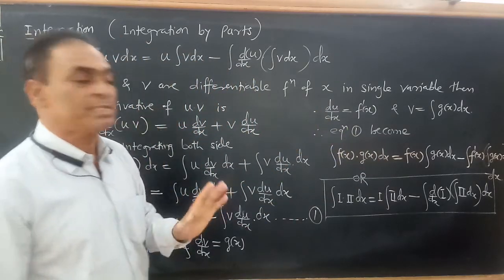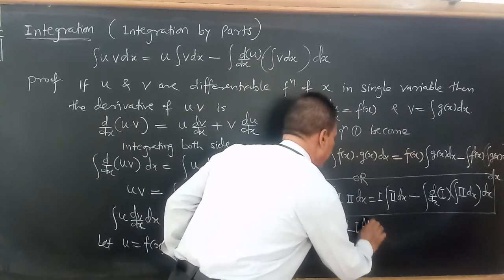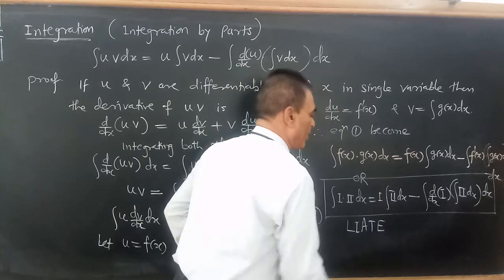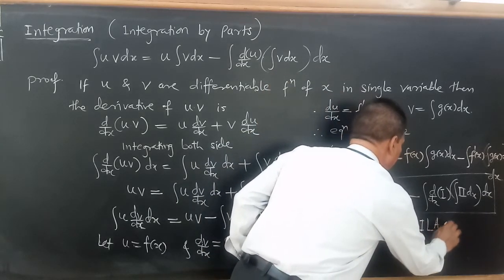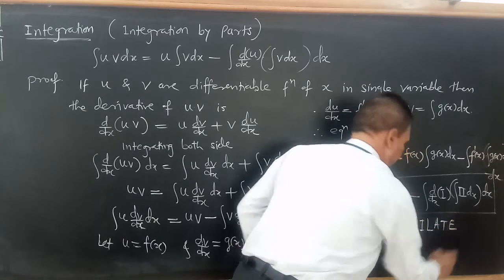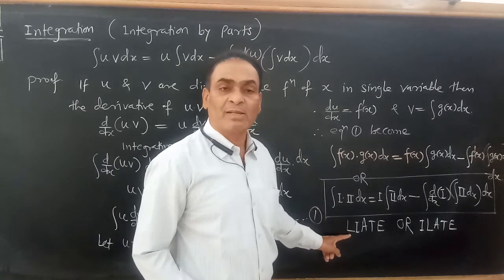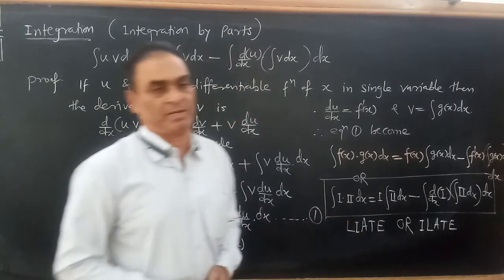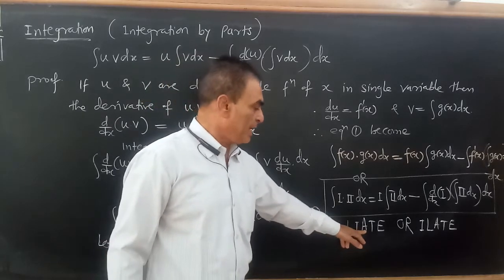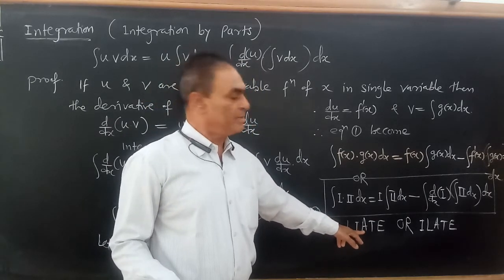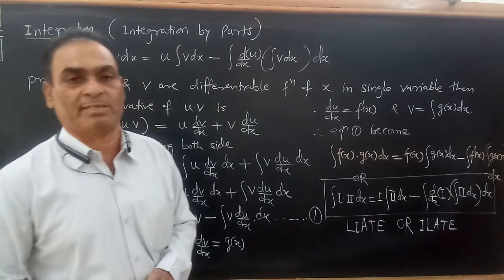By using the order of letters L, I, A, T, E, or sometimes they are written I, L, A, T, E, ILATE, or LIATE, where L means logarithmic function, I means inverse function, A means algebraic function, T means trigonometric function, and E means exponential function.